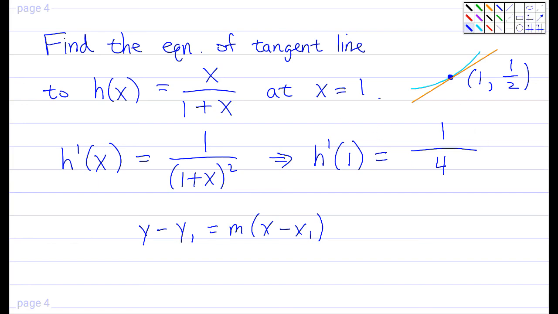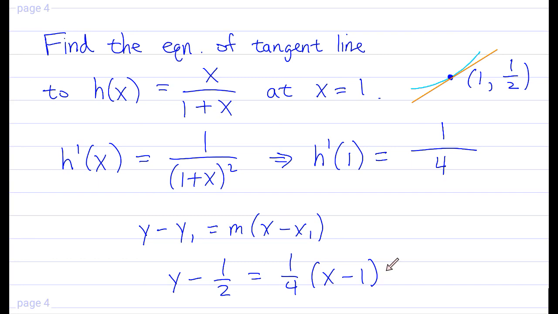So I've got my answer. It's going to be y minus 1/2 equals 1/4 times (x minus 1). That's my answer. You can simplify this, but this is actually perfectly good as is. That is the equation of the tangent line.